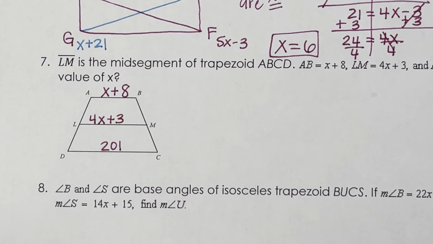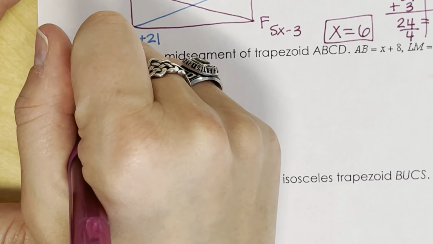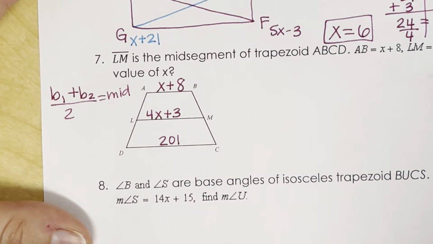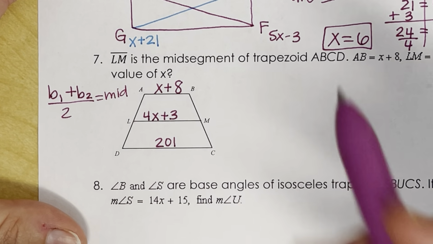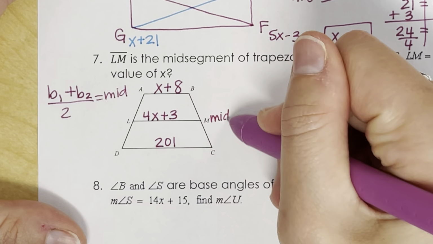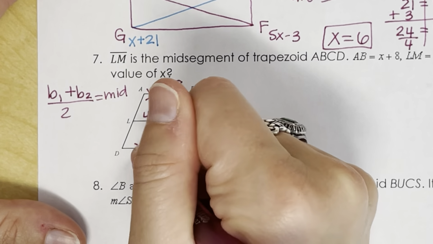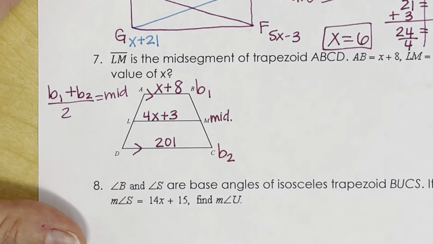Okay. So if we remember the formula for the mid-segment, it's base 1 plus base 2 divided by 2 equals the mid-segment. Now the mid-segment is this piece right here in the middle. My base 1 and base 2 are the parallel lines at the top and the bottom. So I'm going to name the top one B1 and the bottom one, B2.